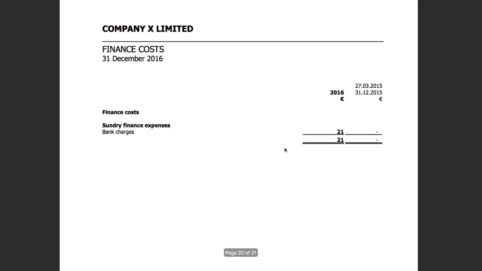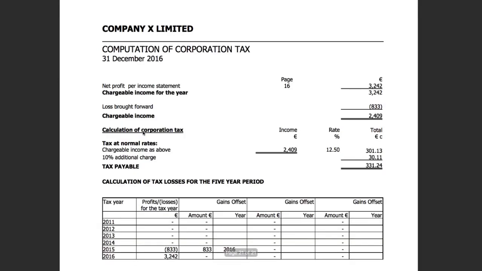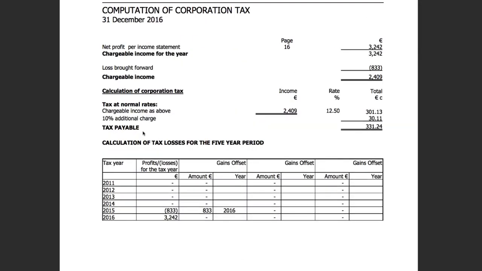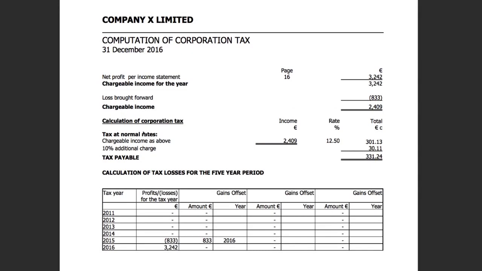If we go a page down, we're going to see the breakdown of the finance cost, which, as I've mentioned earlier on, comprise of bank charges. And if we go to the very end of the set, which is page 19, we're going to see how the corporation tax was derived for company X. We will explain this working in a different video, but for illustration purposes, we can take that the net profit before an adjustment was 3,242 and the taxable income was 2,409 euros at 12.5% plus the 10% charge for non-provisional tax payments.